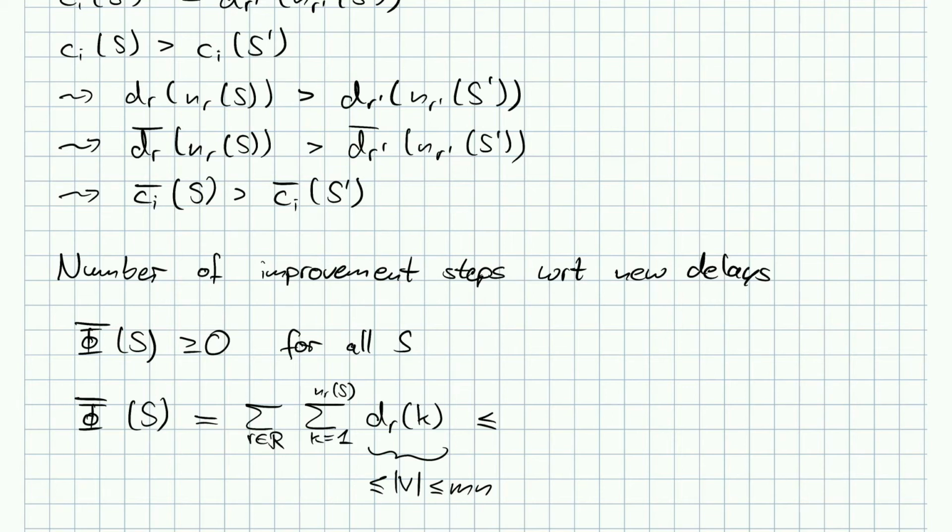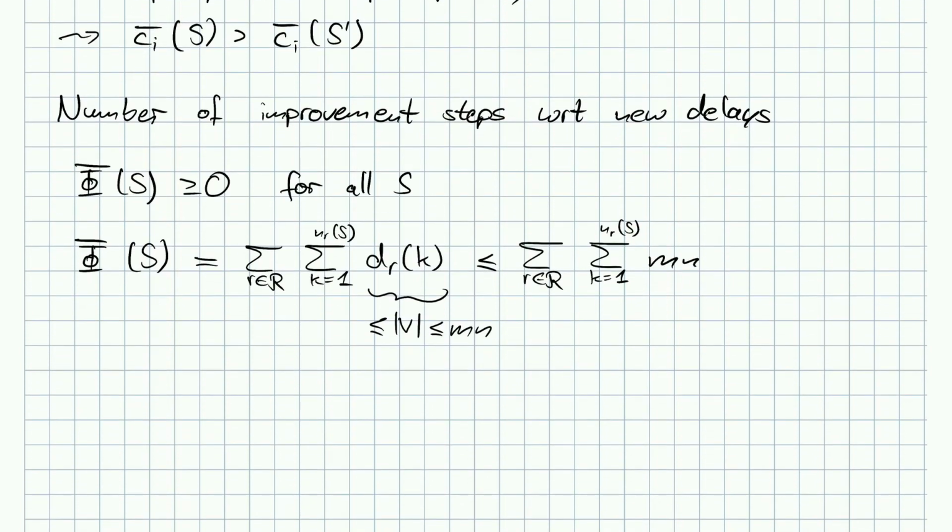So we have this upper bound of taking the sum over all resources, and then always having m times n. So this doesn't even depend on k.